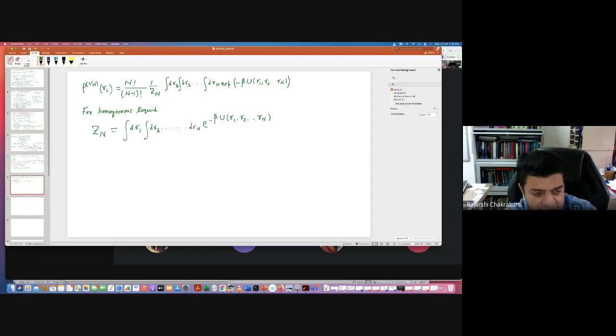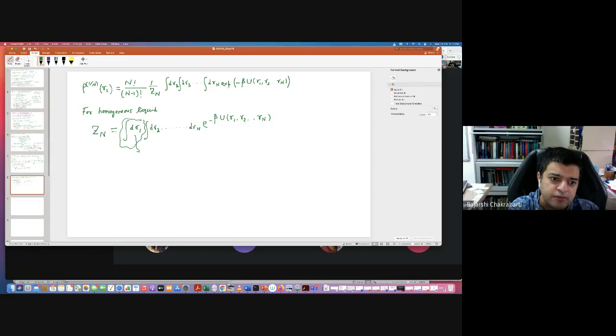But if I assume that my particle is fixed at r1, that is what is being done here, no? I'm assuming that there is any particle at r1. If one particle goes, then immediately there will be another particle coming there and filling it up. So it's any particle at r1 that I'm talking about. Since you are tagging not the particle but the position, what will happen to this?